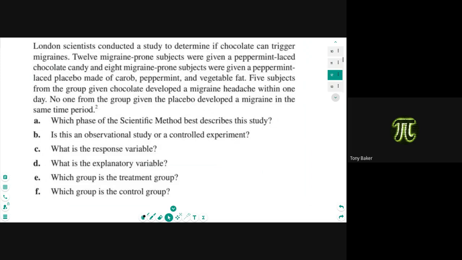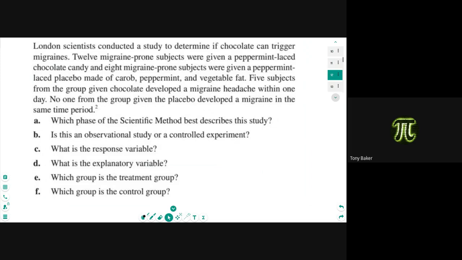All right, we're going to skip the first one because the phase doesn't really make much difference. Is this an observational study or a controlled experiment? Why is it a controlled experiment? Okay, so you're doing something. That's the big difference when you're looking at these. Observational, you're not actually doing anything. You're just collecting data. The experiment, you actively are involved in the process. Okay, there's something you're doing. So in this case, we're giving subjects peppermint lace chocolate or peppermint lace placebo that looks like chocolate. And I'd be very upset.